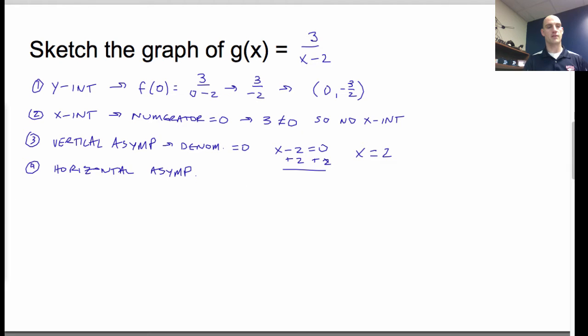I'm going to evaluate what my n and m are. The degree of the highest power of x up here is 0, so n is 0, and m is 1. And so n is less than m, which means y equals 0 is a horizontal asymptote.